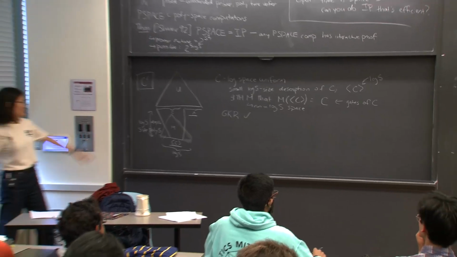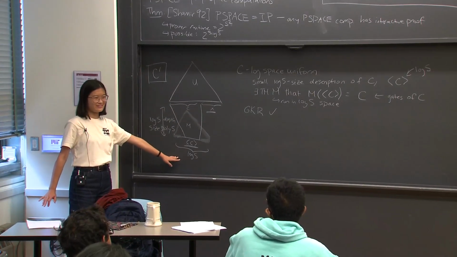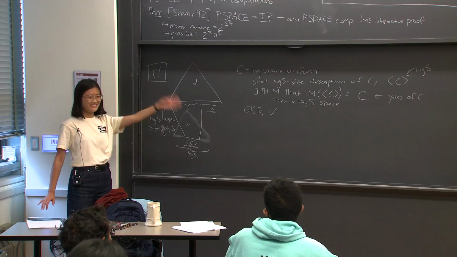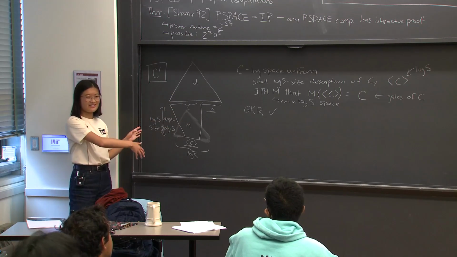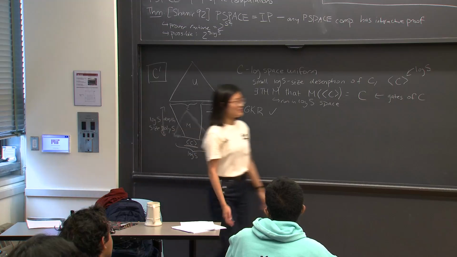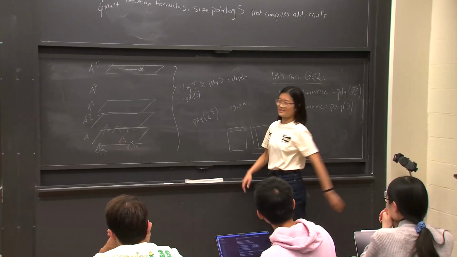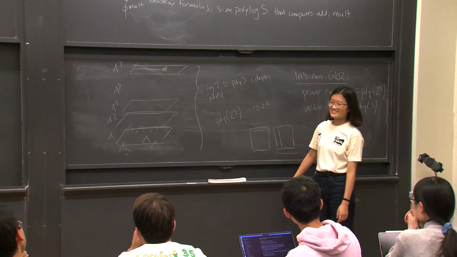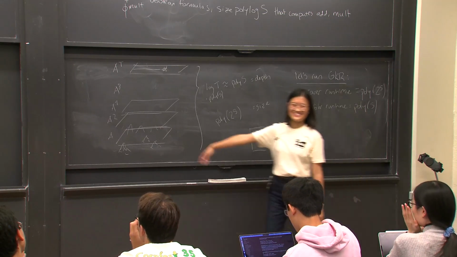Okay, so this is basically a scaled down version of that, right? This is log space uniform, so you're running in log space. There you're running in time with space s, so this is an exponentially smaller version of that. So all the parameters over there, you scale them down. The depth over here was poly s, the log of that is like log s, and the log of the size here is s. So we have all those things we wanted.